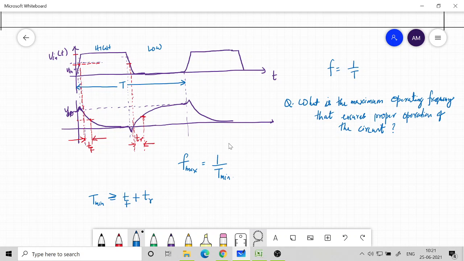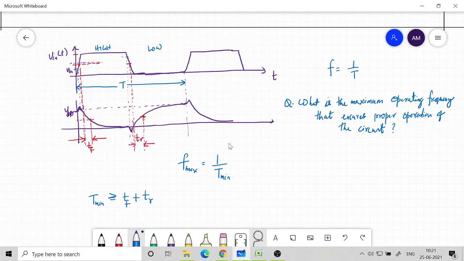Okay, that is minimum. But you see, if there was no rise and fall time associated with the input. Here I have taken a case where the rise time is there for the input also.